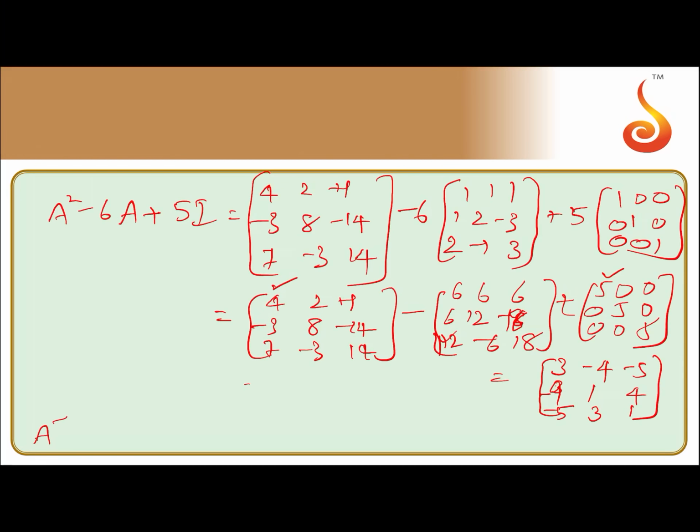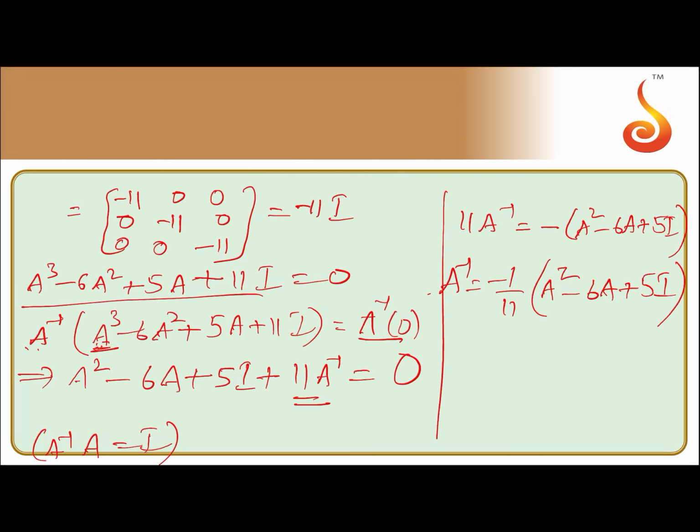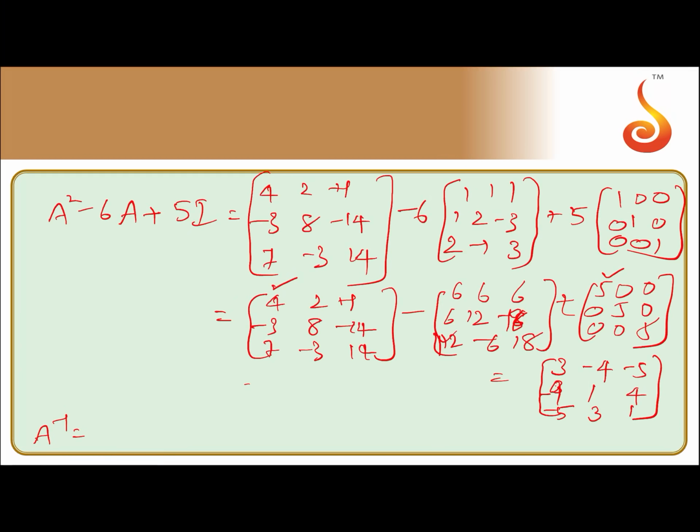And therefore, now we can take A inverse equals minus 1 by 11 times this matrix: 3, minus 4, minus 5; minus 9, 1, 4; minus 5, 3, 1.